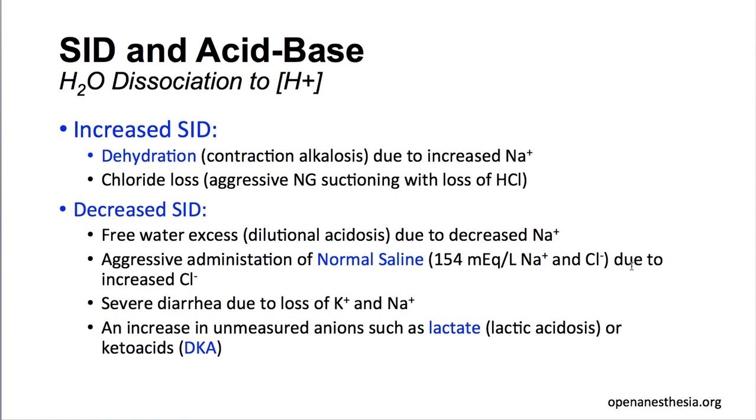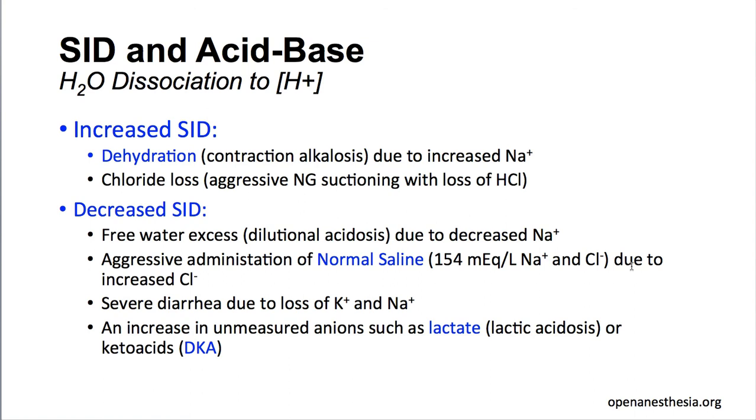So, for example, if chloride went up in the body for some reason, an example is massive resuscitation with normal saline, where normal saline has sodium of 154 milliequivalents per liter and chloride 154 milliequivalents per liter. Well, that's way more chloride than our body normally has. So if you gave 10 liters, for example, of normal saline, you've given a lot of chloride, an anion.